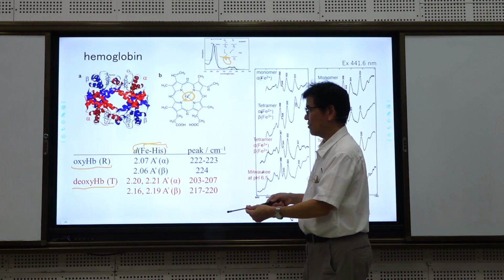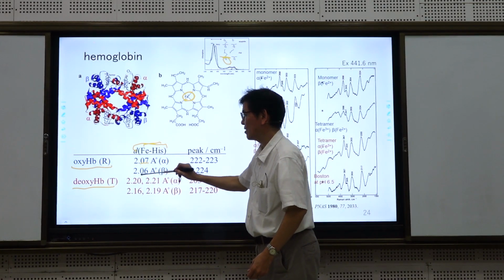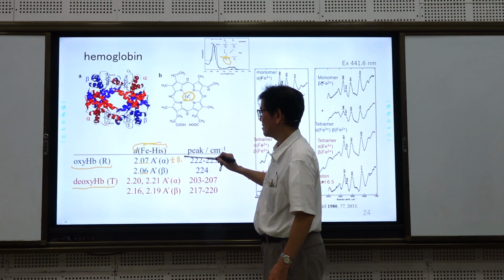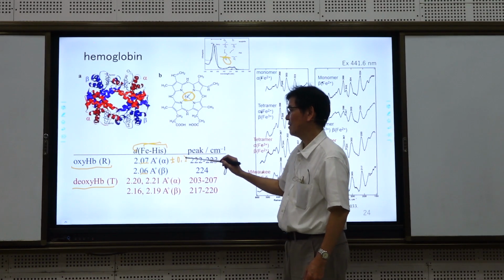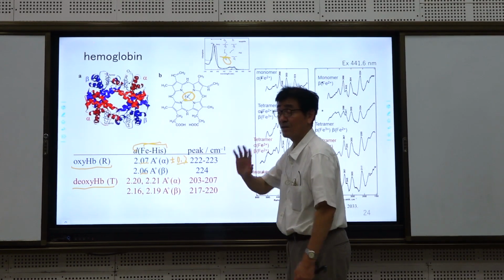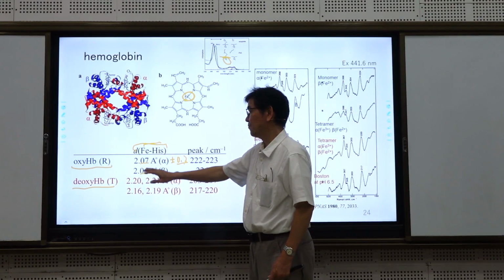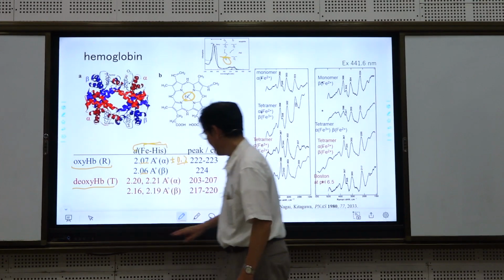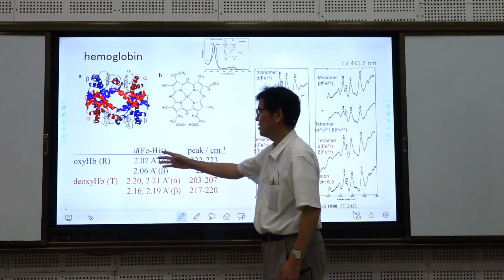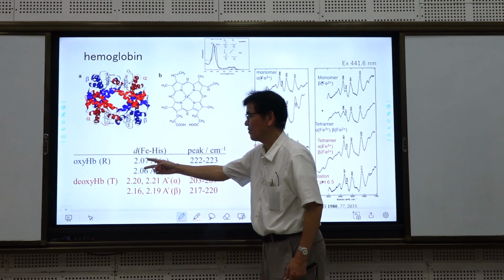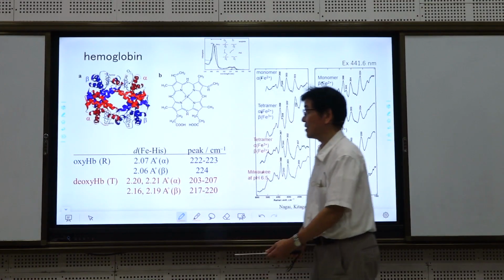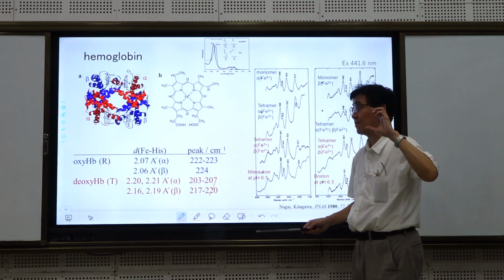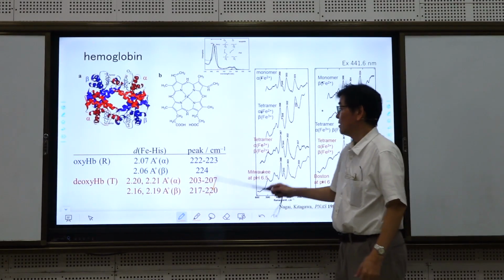So even though they insist 0.7 or 0.6, this number is not exact, but at least the error is large enough that it cannot distinguish the two states. The difference is within the measurement error. The average value is different, but the error is still large, so they cannot distinguish.